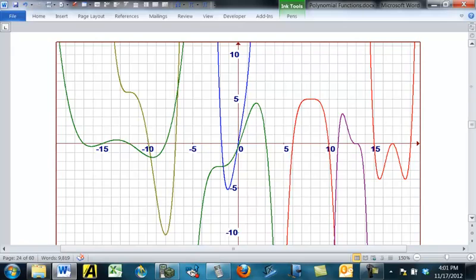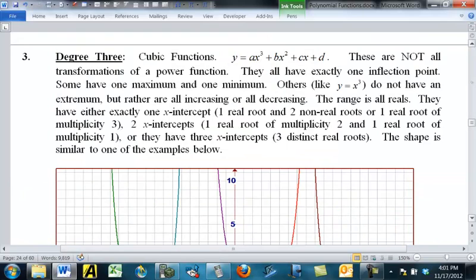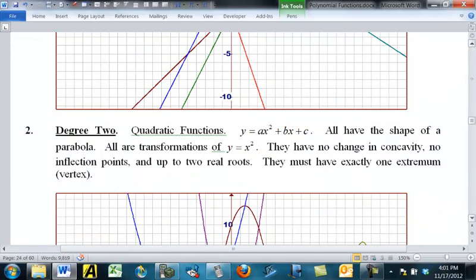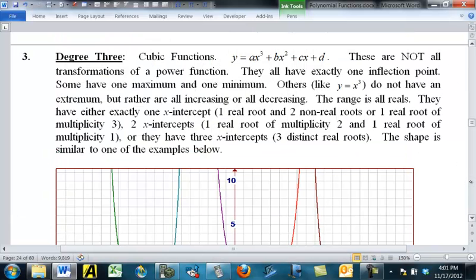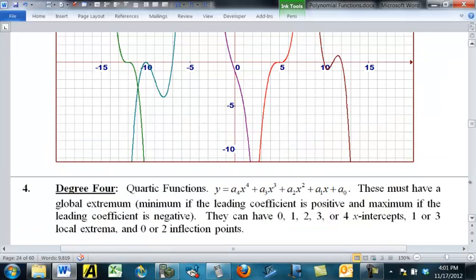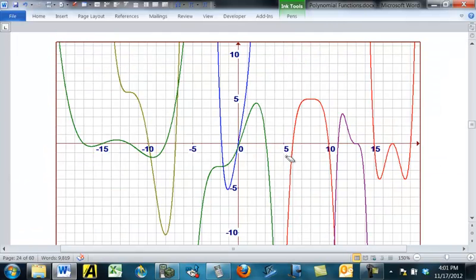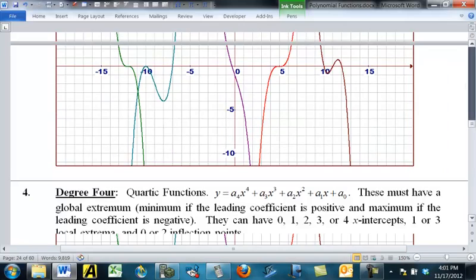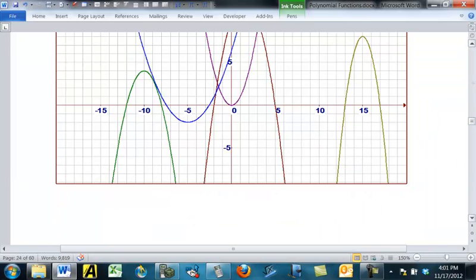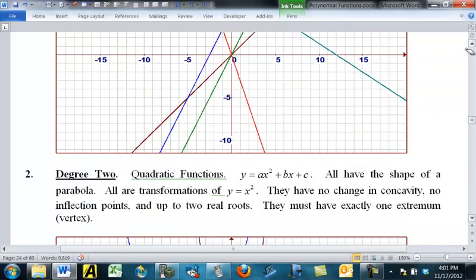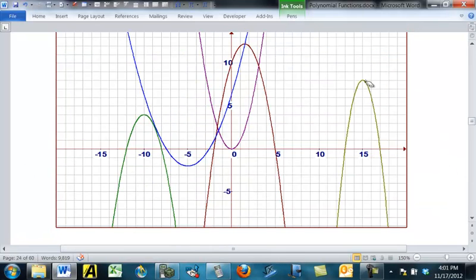So in the odd cases, the range was all reals, whether that was a non-constant linear function, or whether that was degree 3. But when you have an even degree, like the parabolas in degree 2, they have an absolute extremum, a global extremum.